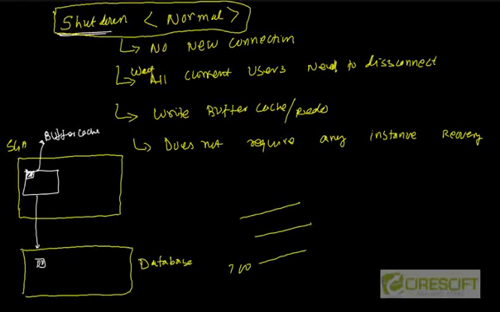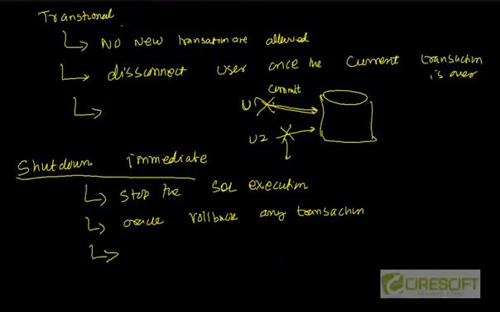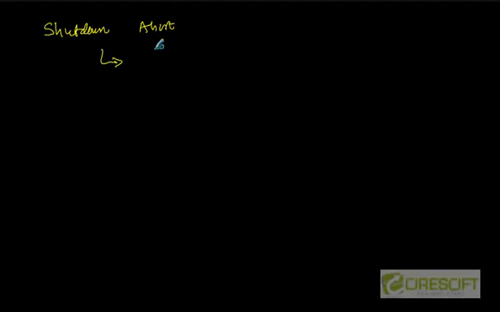And the last one is shutdown abort. This is for when nothing works out: if shutdown normal, transactional, and immediate didn't work and the database hangs, then probably the best way is to go for shutdown abort. In shutdown abort, the instance is terminated abruptly.